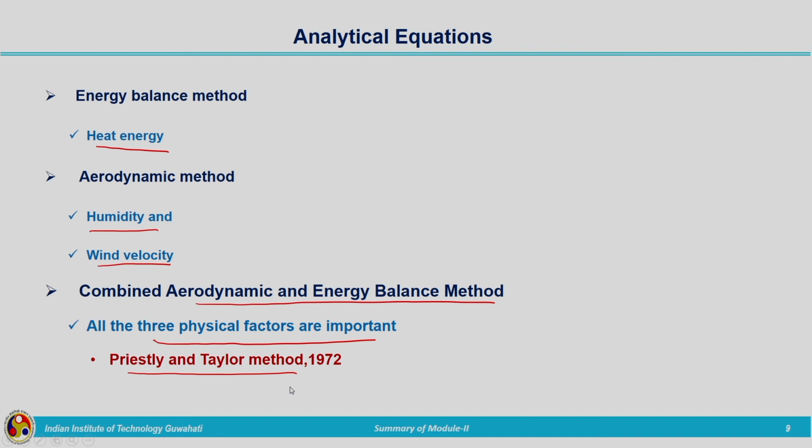So they proposed a new equation incorporating a 0.3 factor for the evaporation component coming from the aerodynamic method. That way they gave us a compact, simple expression for finding evaporation. So, that much about the measurement of evaporation.